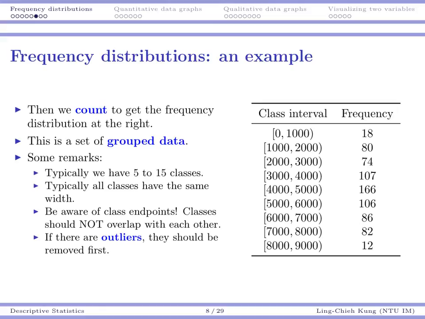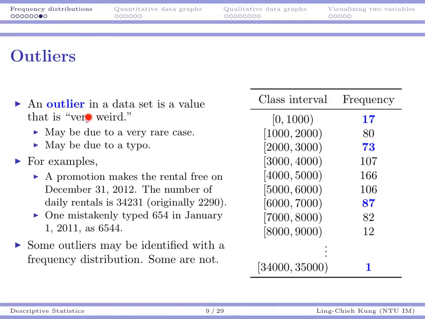So let's do some discussion about outliers. An outlier in the data set is a value that is very weird. It may be due to some very rare extreme cases that in typical cases we don't see, or it may simply be due to a typo.